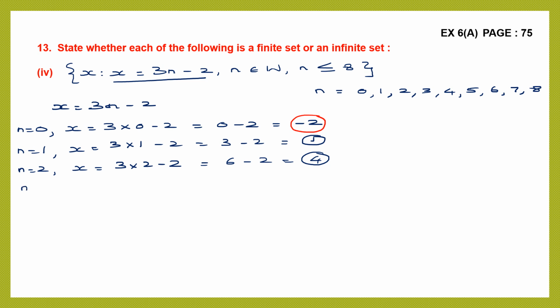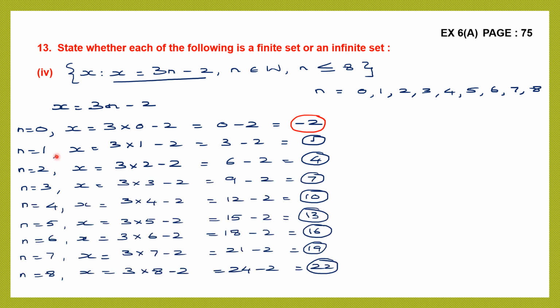Then we go to n is equal to 3. When n is equal to 3, x is equal to 3n. So if you continue in the same way when n is equal to 1, 2, 3, 4, 5, 6, 7 and 8 and you work this out, these are the elements you're going to get. So what are the elements of this set?